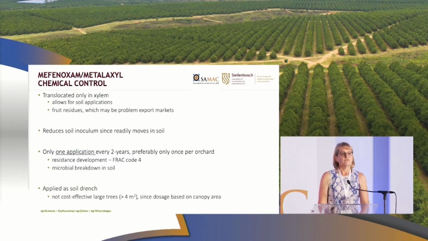The only disadvantage of this product is that it's very prone to microbial breakdown in the soil. So that is why we recommend that you only apply it once every 2 years, and preferably only once per orchard. And it's also a single-site activity, so you can run into resistance development problems if you apply it too frequently. It's applied as a soil drench.